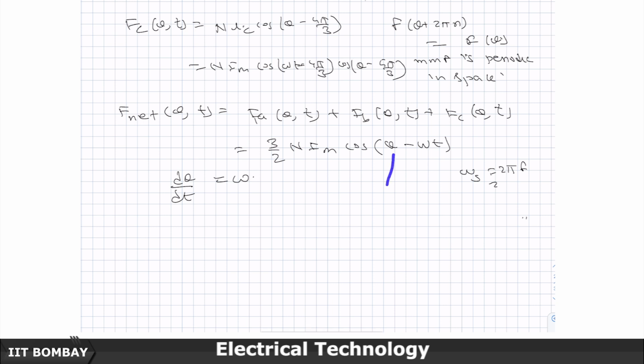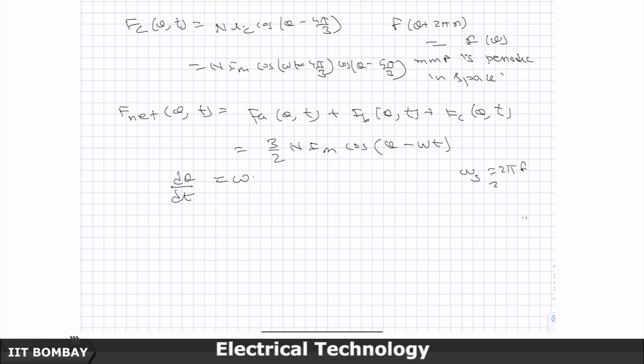But if he fixes his location in space, say some odd number, 2.93 degrees, whatever it is. Now, this number gets fixed, t keeps varying. So, it is an amplitude of 3 by 2 NIm, but a sinusoidal variation in time.